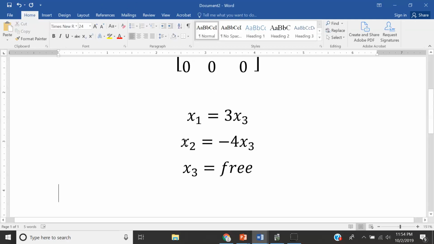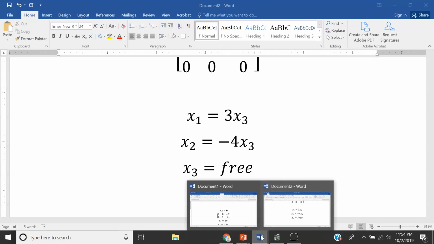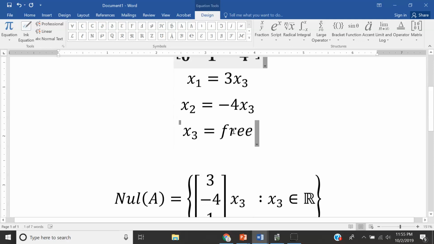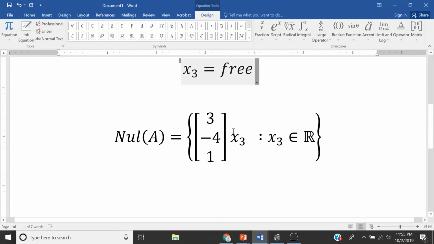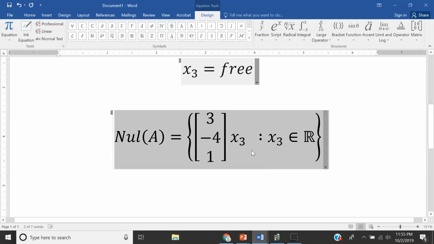All right, so if you let x3 be anything it wants to be, it's going to look like vectors 3, negative 4, 1 times any real number that we want. Notice in my previous problem what the null space was.